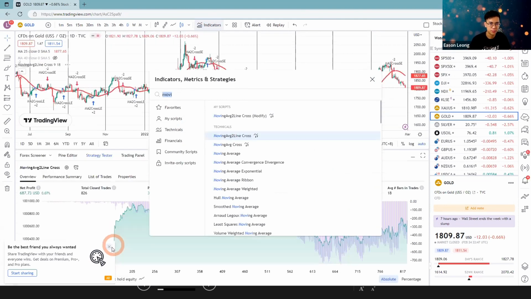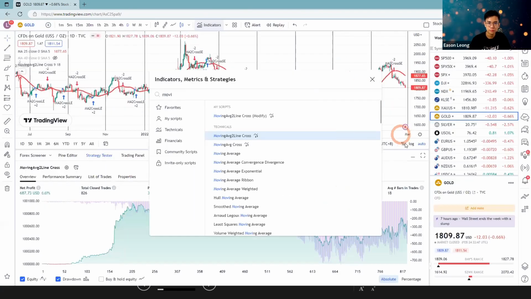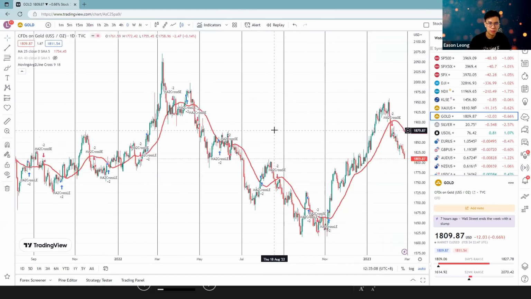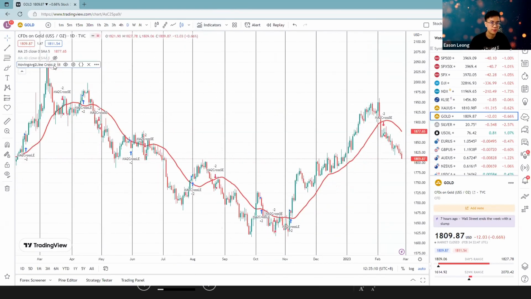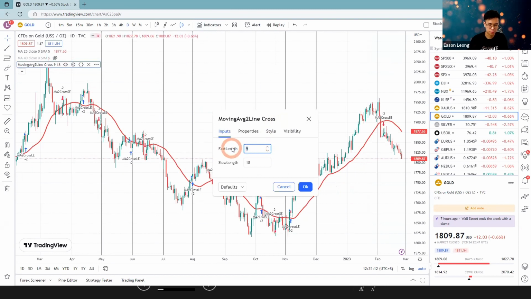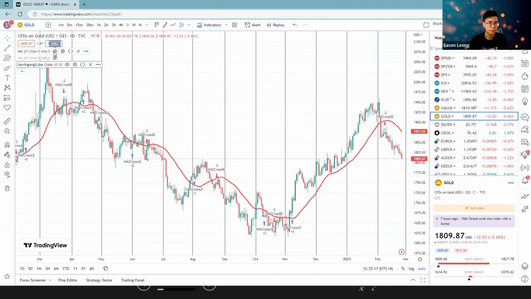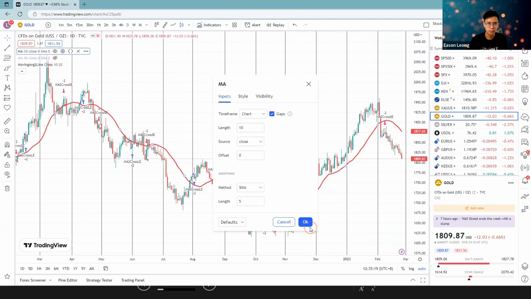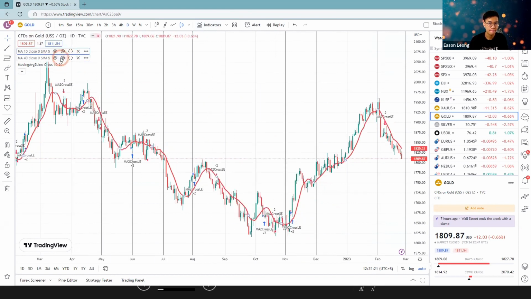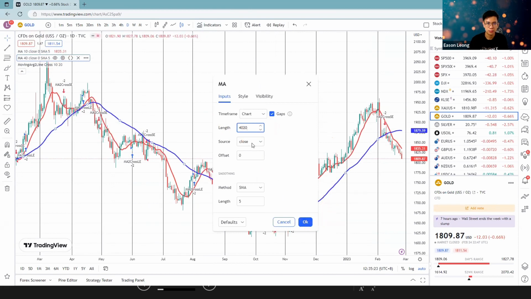Moving average 2 line cross. Now over here it is using by default 9 and 18, right? Let's put it to be 10 and 20 first. Moving average of 10 and then 20.